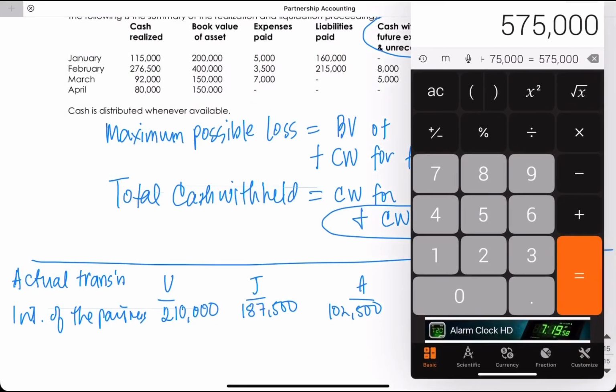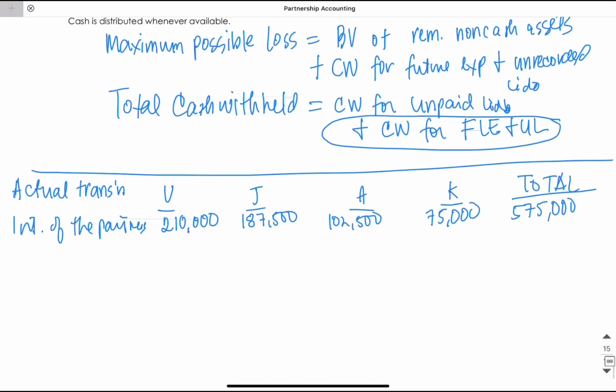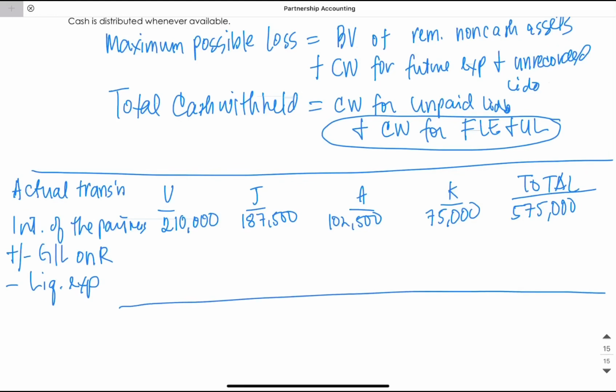Okay, so next, similar to lump sum liquidation, from this interest we would deduct two items. Plus or minus gain or loss on realization, and also the actual liquidation expenses. So how do we compute for gain or loss on realization?